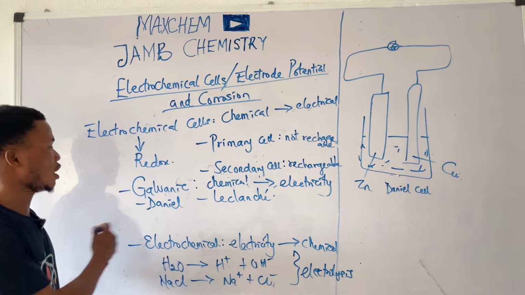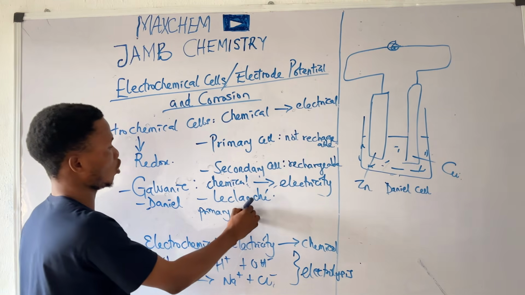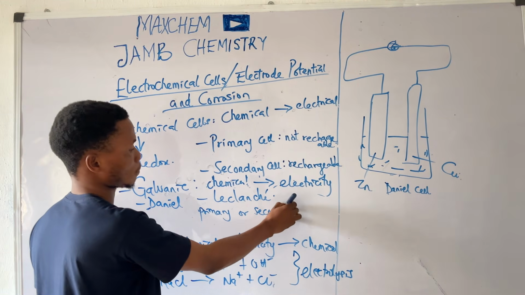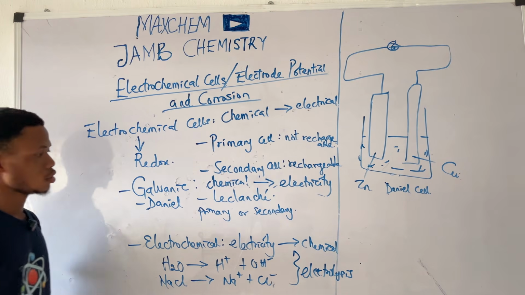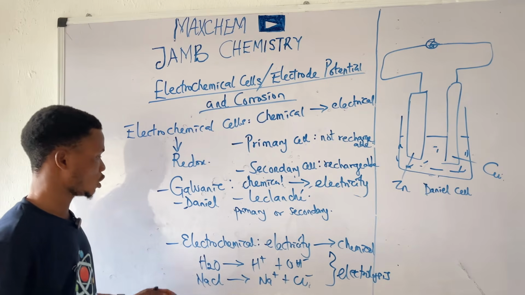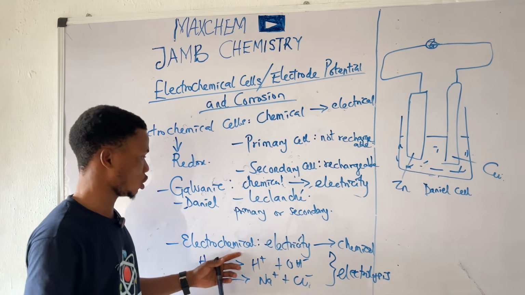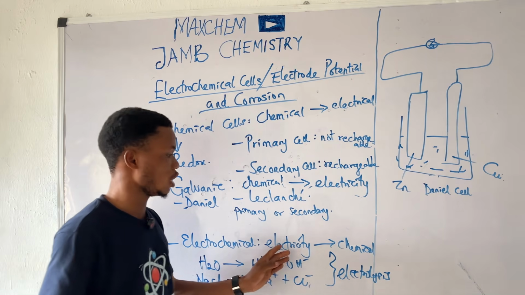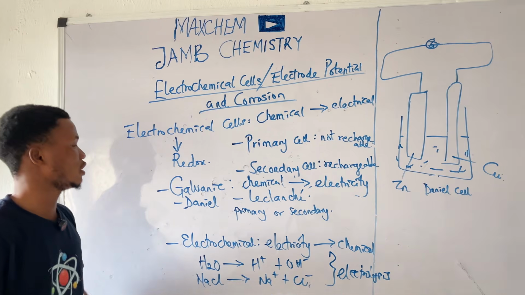So galvanic cell can be a primary cell or secondary cell. Your electrolytic reaction is just conversion of electrical energy to chemical energy. So that is everything about our electrochemical cell.